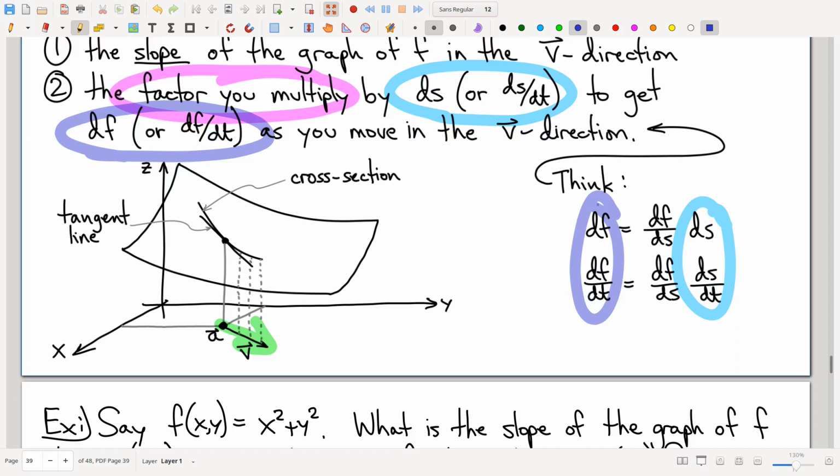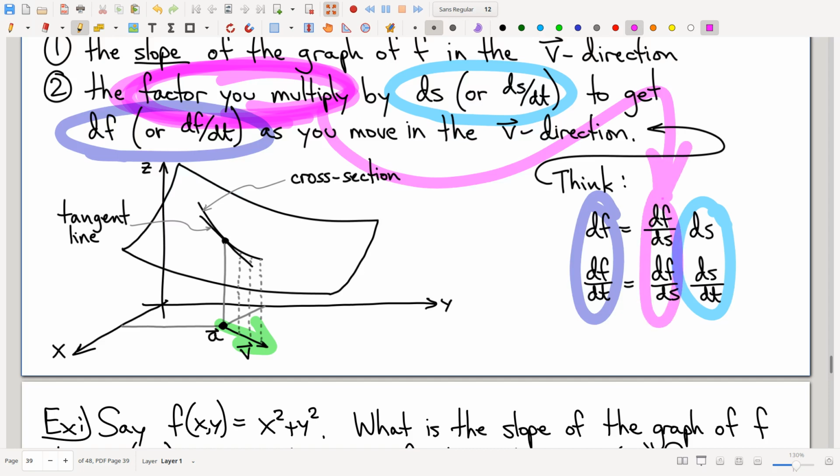Right? So again, the multiplicative factor, it's what you multiply by light blue to get dark blue, and having set up ds and ds dt to represent distance and speed in the input, and df and df dt to represent distance and speed in the output, this factor, what you multiply by the one to get the other, in both of these equations, it makes really good sense to call them df ds.